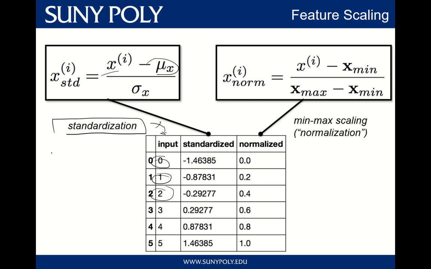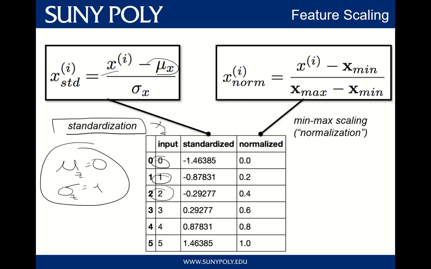So when you standardize, the nice thing about this is that the new variable's mean value is equal to 0, and the standard deviation is equal to 1. Again, the standardized variable's mean is always equal to 0 and the standard deviation is equal to 1.